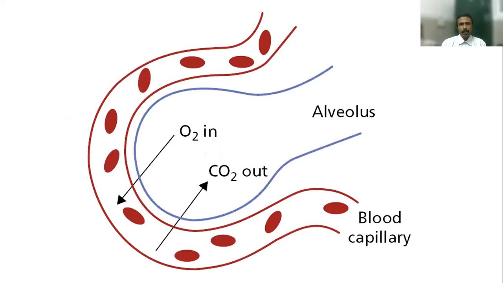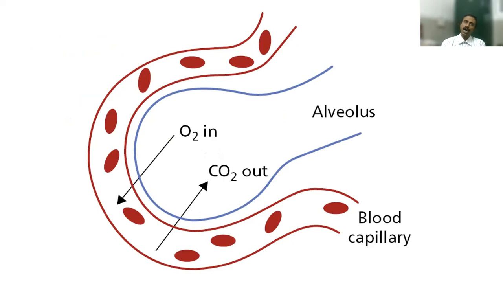The blood which reaches the pulmonary circulation, we know that gas exchange is occurring there. Oxygen moves into the pulmonary circulation and carbon dioxide moves out of the pulmonary capillaries into the alveoli. So the carbon dioxide tension in the blood, the PCO2, reduces there.